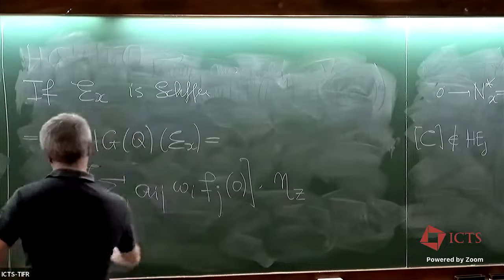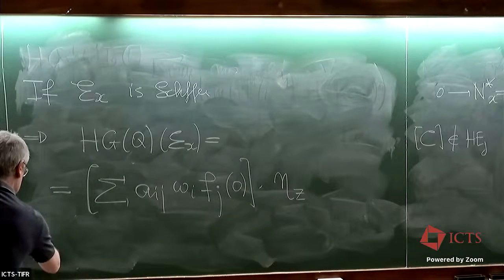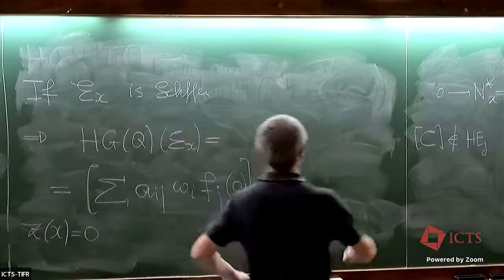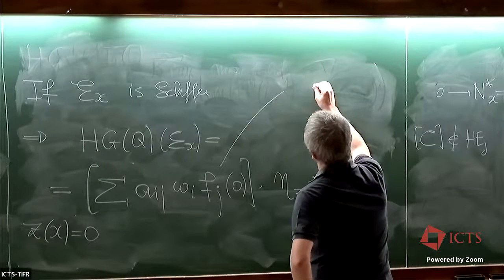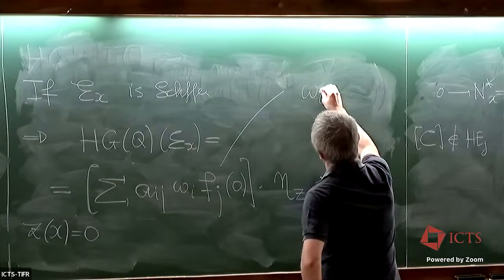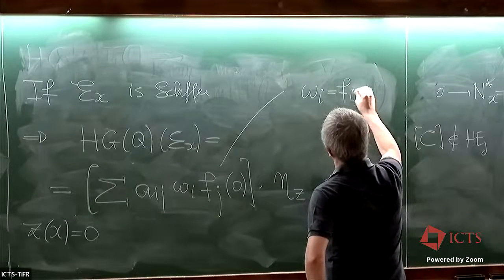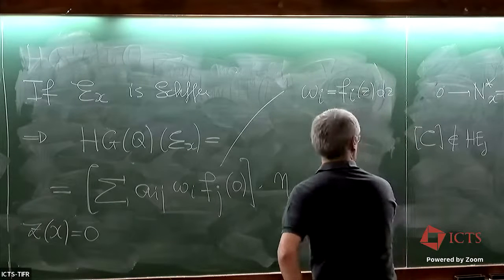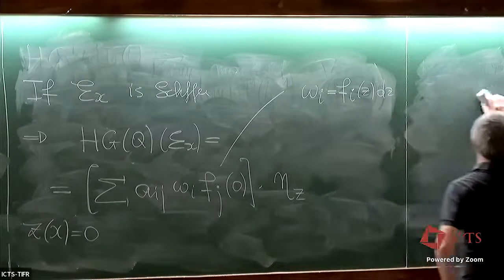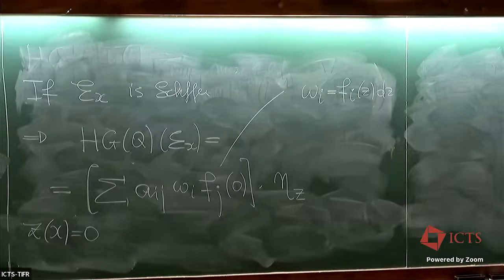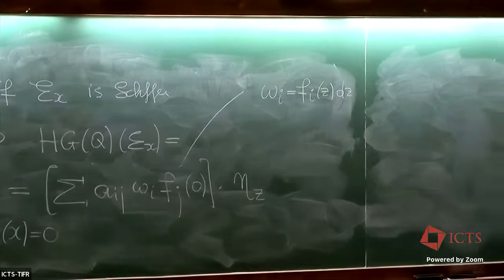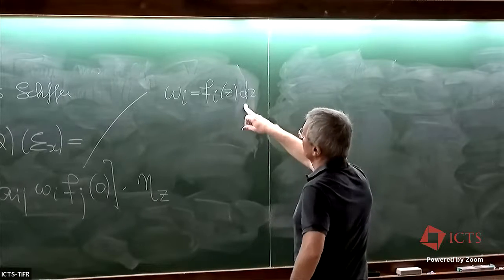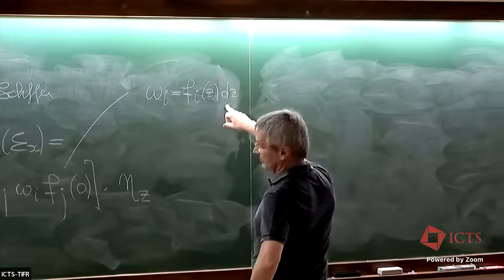Where here the coordinates are chosen such that z of x is 0, f_j is the local representation of a form f_i, and this is the form, yes.